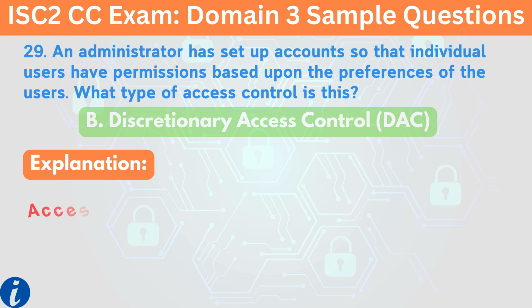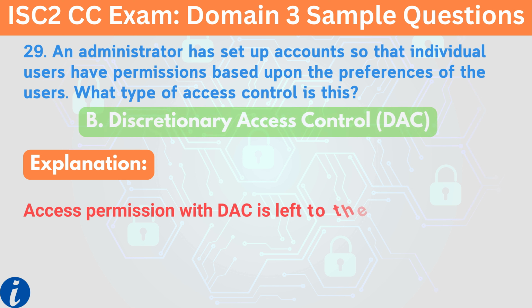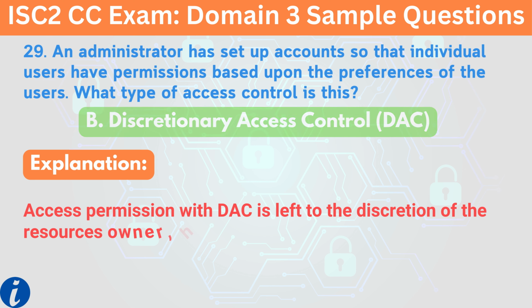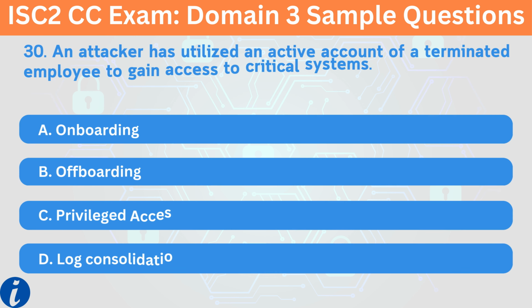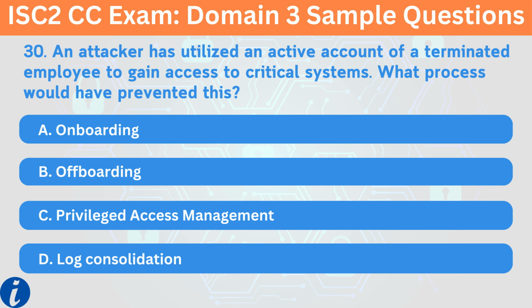The correct answer is B. Discretionary access control, DAC. Explanation. Access permission with DAC is left to the discretion of the resource's owner, hence giving a higher degree of discretion in access control.